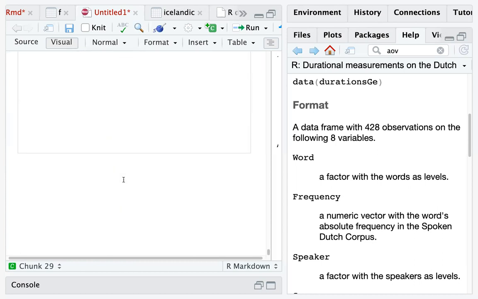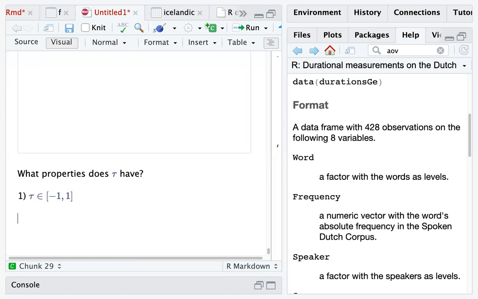What properties does tau have? Well, the most important one is that tau is a number between -1 and 1. This is the most important thing.